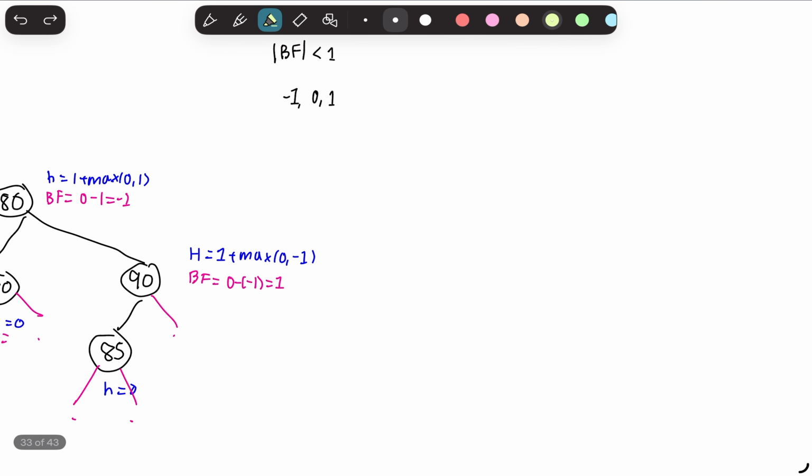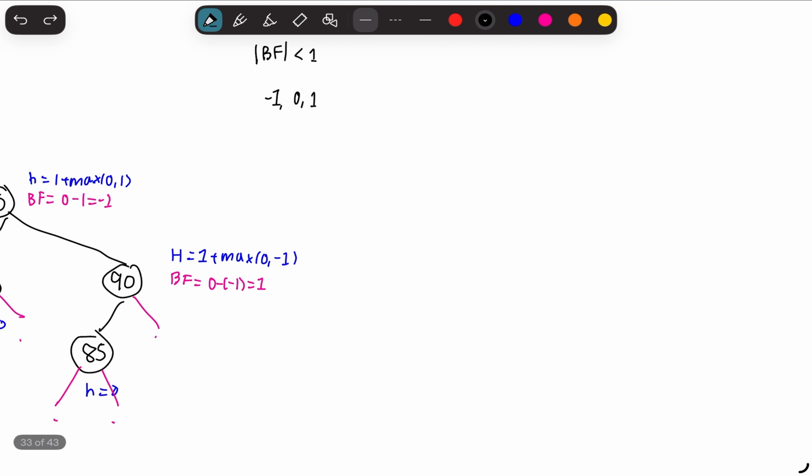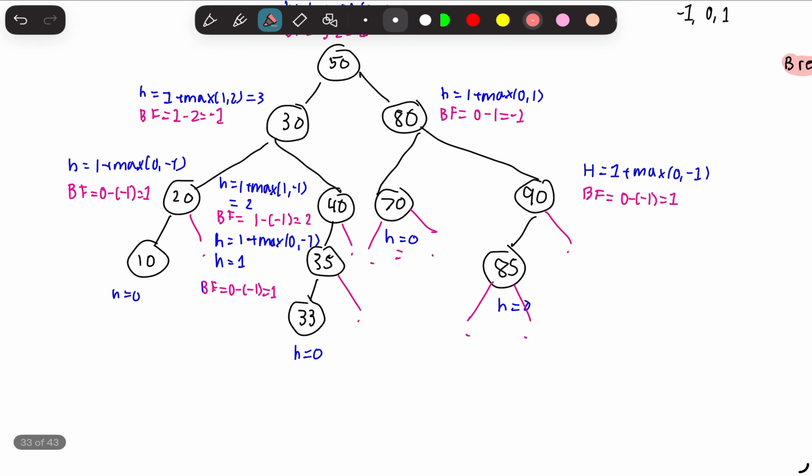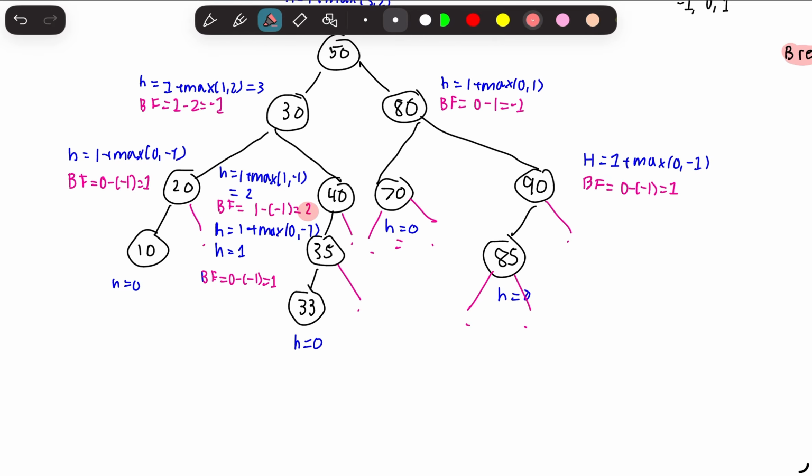That's our requirement. Where does it break? We see it breaks here because the balance factor is 2.